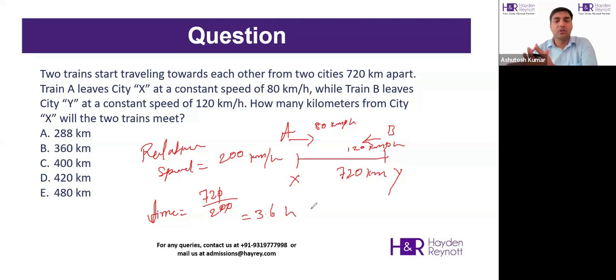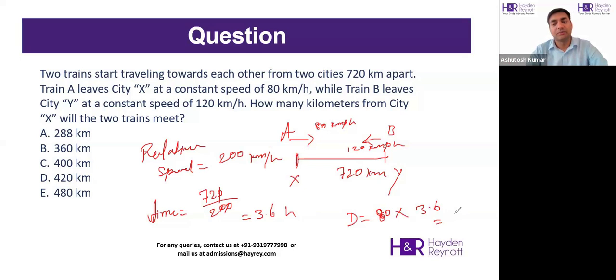If I have to figure out at what distance from X they will meet, we have to find out how much distance train A travels before it meets train B. The formula is distance equals speed into time. Speed in this case is 80 km per hour, and time is 3.6.